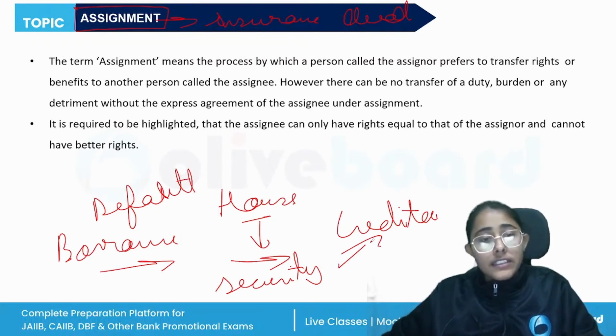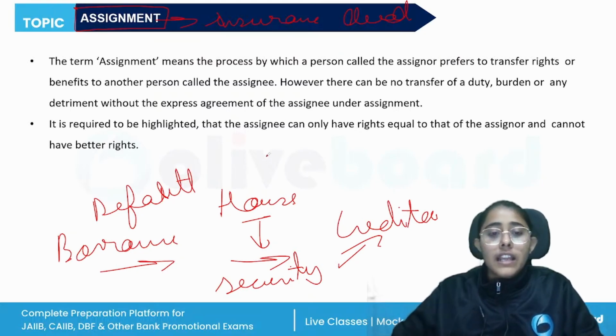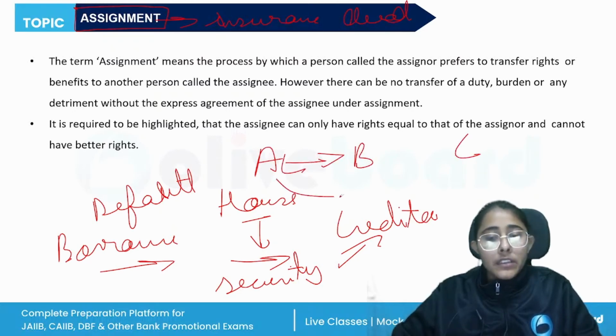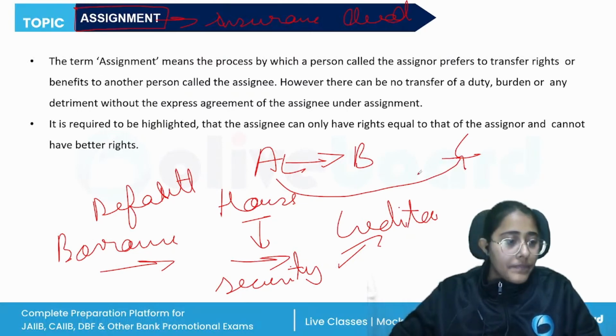All right. Another example of assignment is where three persons are involved. The contract is between two people, but a third person is transferred the rights to make the payment. So here the transferor and the transferee, or the assigner and the assignee relationship will exist.